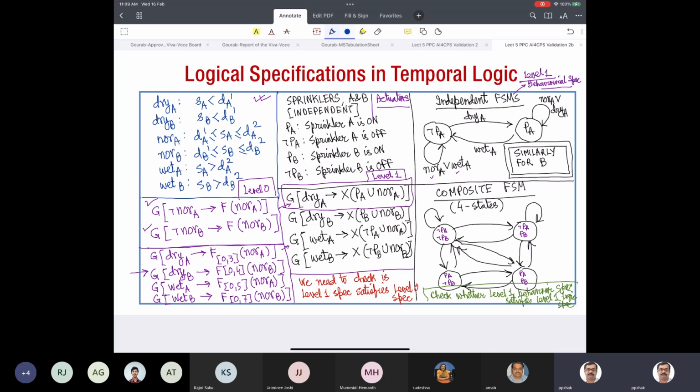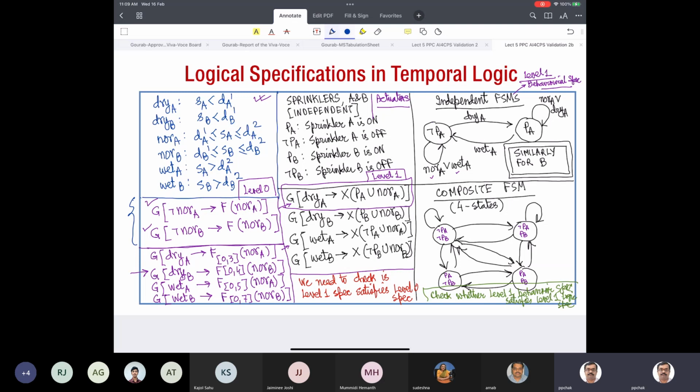And at level 0, we wrote two untimed operators. It says globally, not normal A implies in future normal A. Second is globally, not normal B implies in future normal B. We also wrote some timed operators.